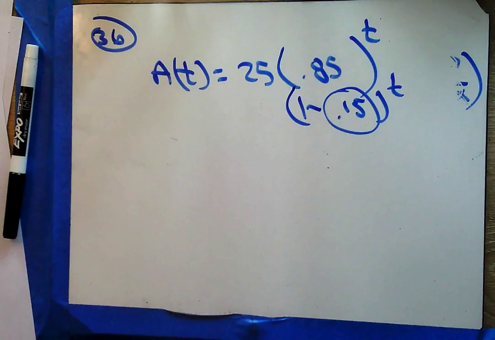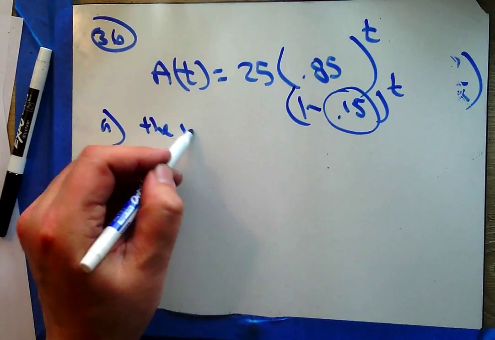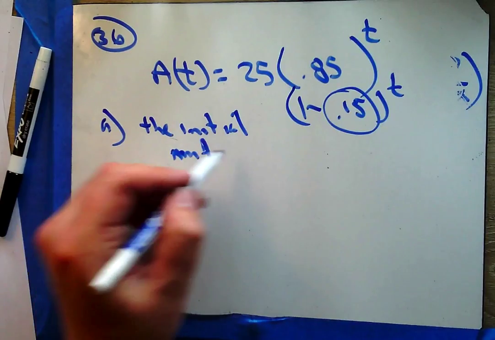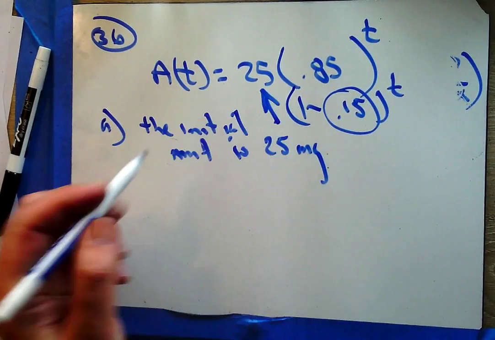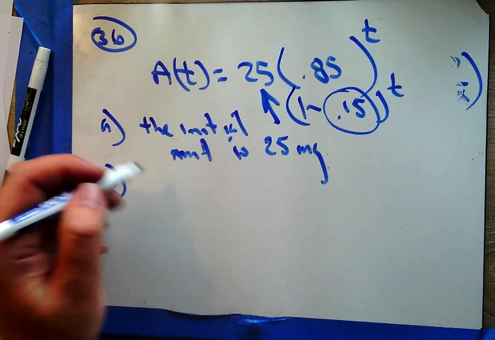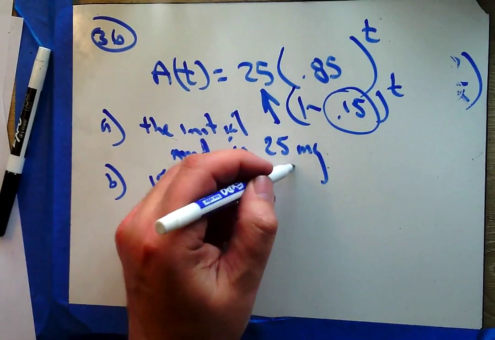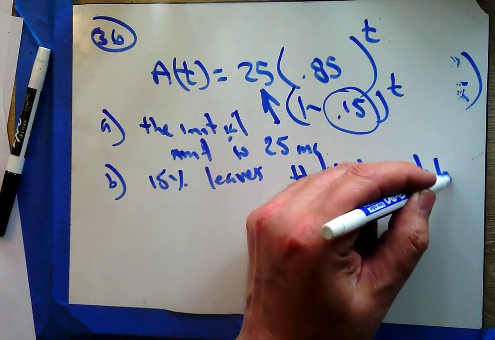Oh, look at the questions. There we go. Part A, the initial amount is 25 milligrams. Part B, what's the percent that leaves the body each hour? 15% leaves the body each hour.